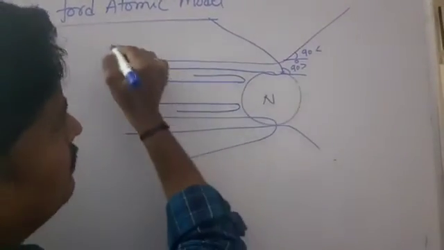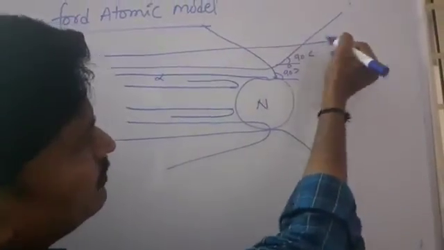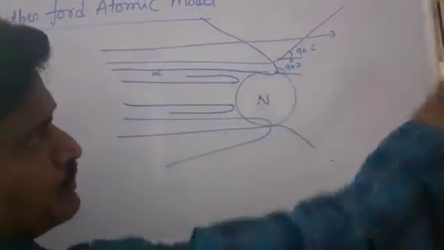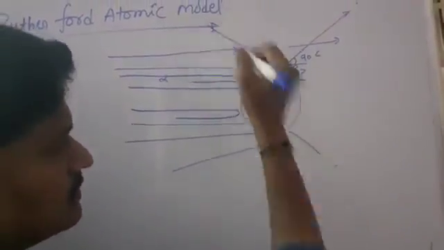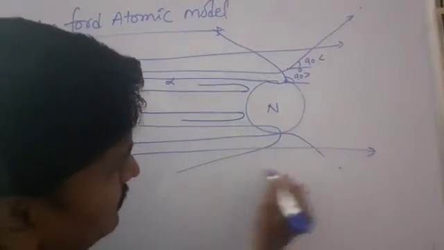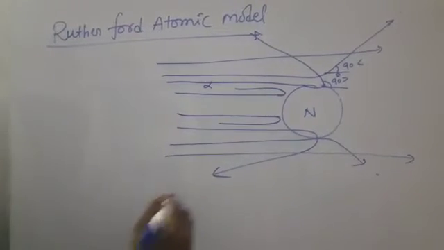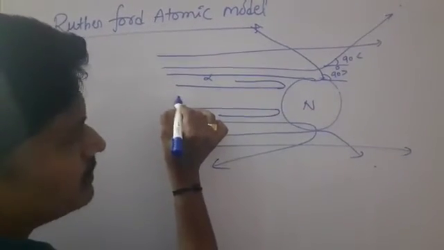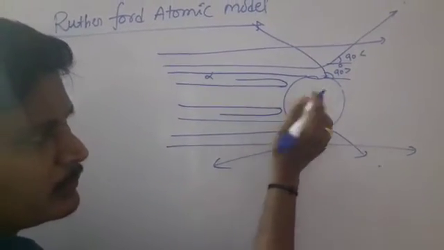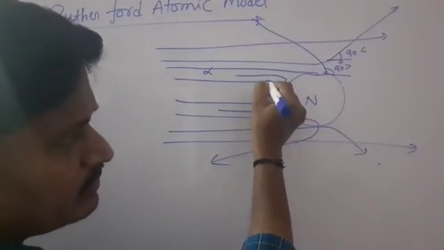Next, the particles which are incident farther away get transmitted like this. The particles incident at the central part scatter with 180 degrees.